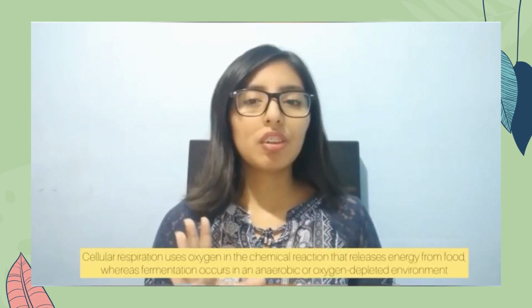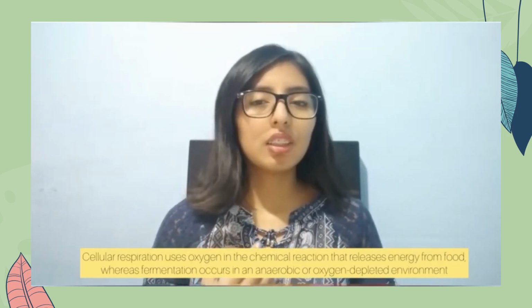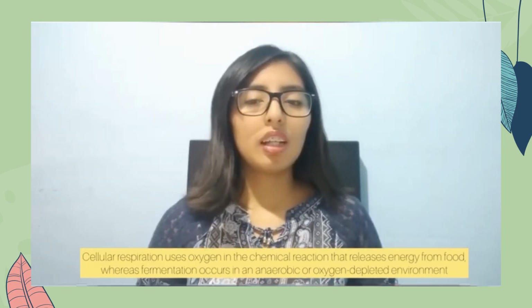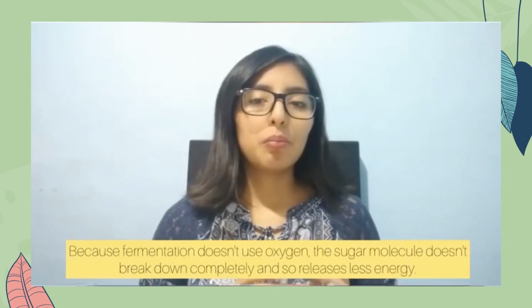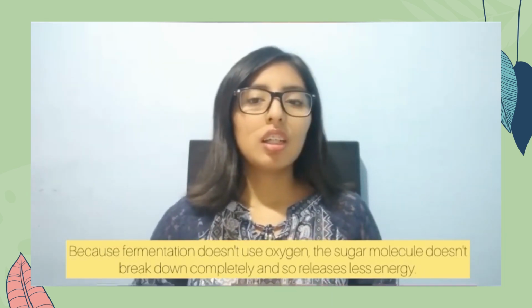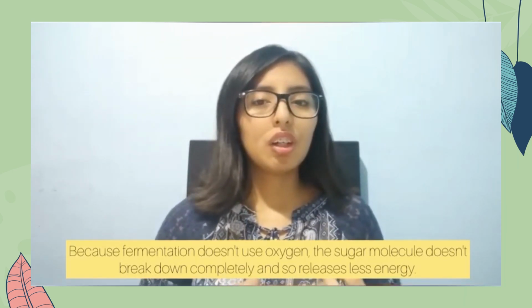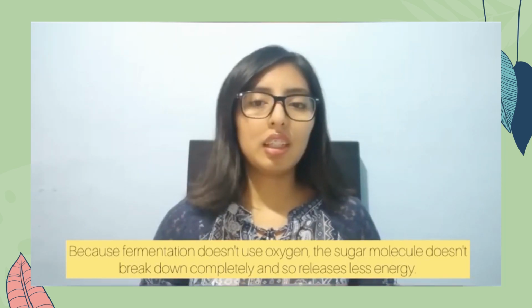Cellular respiration uses oxygen in the chemical reaction that releases energy from food, whereas fermentation occurs in an anaerobic or oxygen-depleted environment. Because fermentation doesn't use oxygen, the sugar molecule doesn't break down completely and so releases less energy.